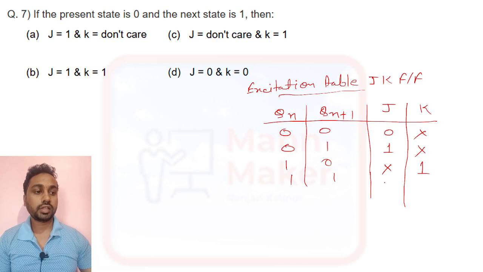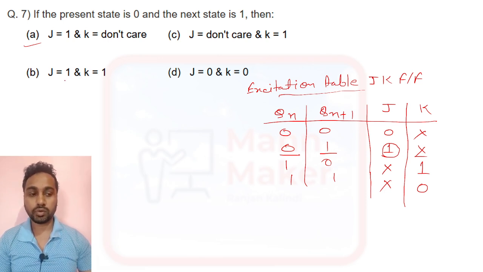When it is 1 1, J is don't care and K is 0. So here they asked present state 0 and next state 1, so J will be 1 and K will be don't care. So option A is the right answer.